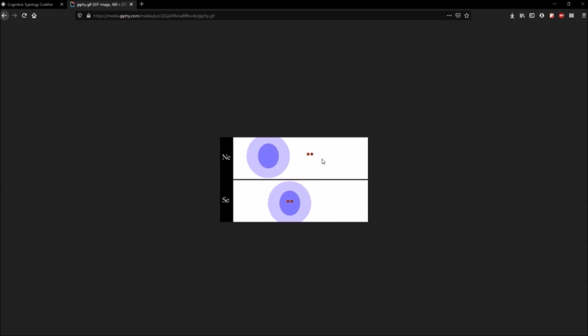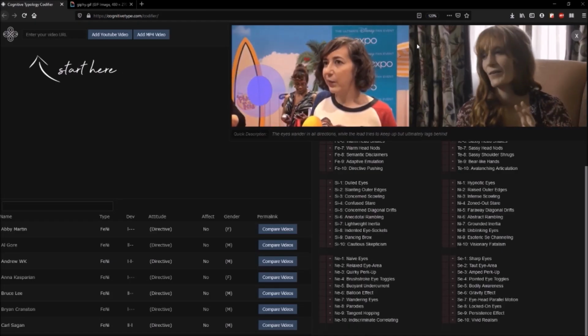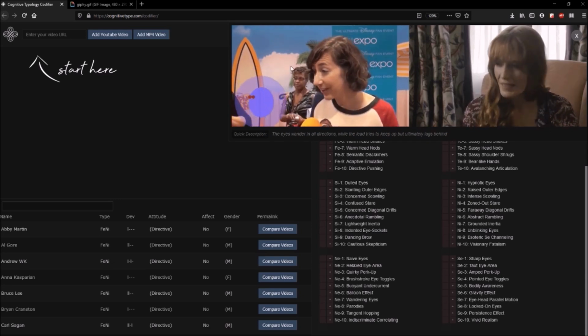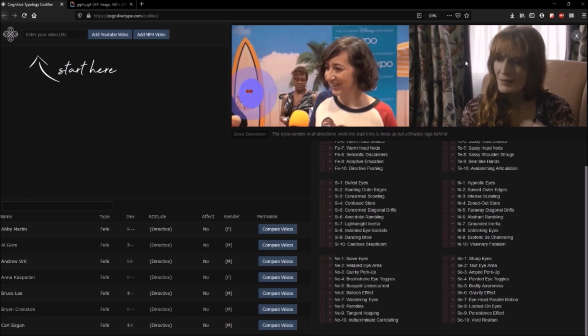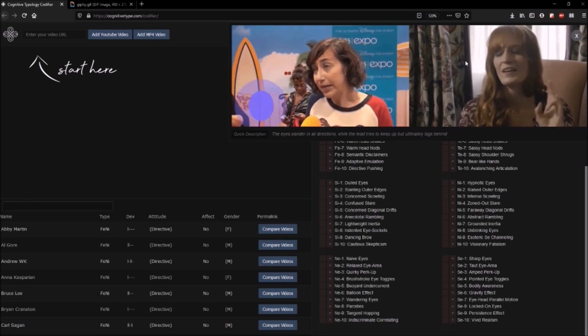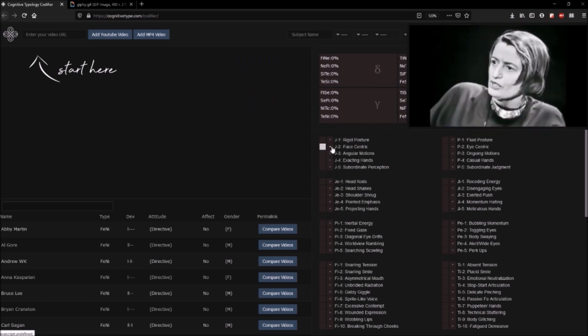Yes, the head in both cases does follow the eyes, except in one, it follows them immediately, that would be SE, and in the other, it kind of trails behind. Now, one of the problems is that if the eyes move fast enough away, when the head doesn't have a chance to catch up every time it moves, then it can create this appearance that somewhat mimics the face centricity.